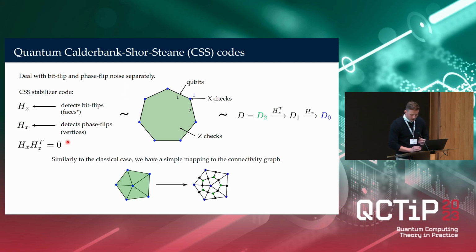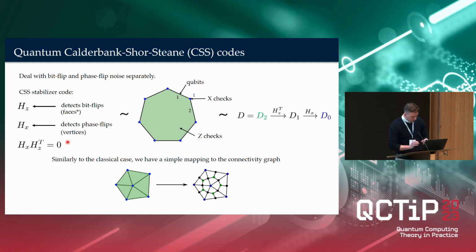Again, in the quantum setting, we can map this graph to a connectivity graph. So this would be a Tanner graph, a tripartite graph. And this is specifically important whenever you start designing architectures for error-correcting codes, because this is essentially how you would be connecting your ancilla qubits and data qubits in your quantum computer.